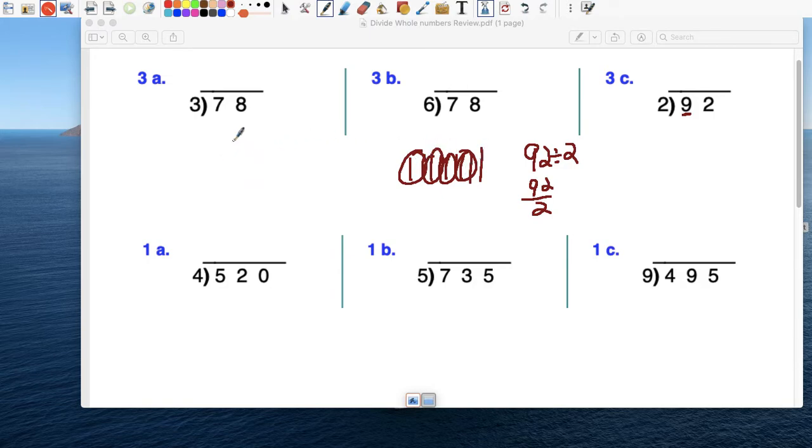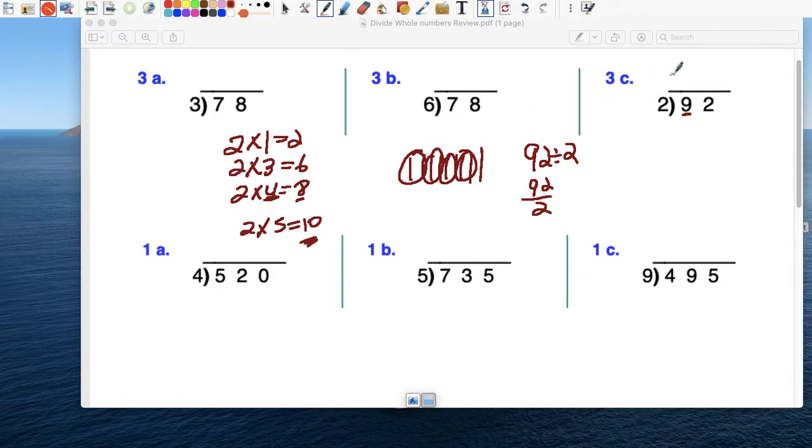If you use your times table, 2 times 3 is 6, not enough. 2 times 4 is 8. Good. Can I make 5 groups? With 5 groups, I need 10 sticks. Do I have 10 sticks? No, I have 9. So the answer would be 4.